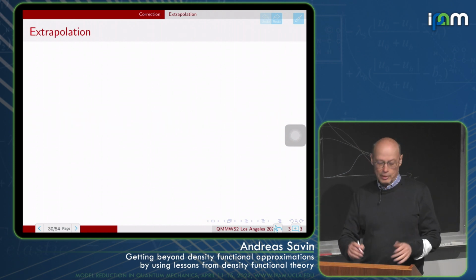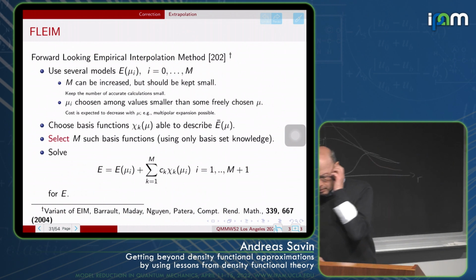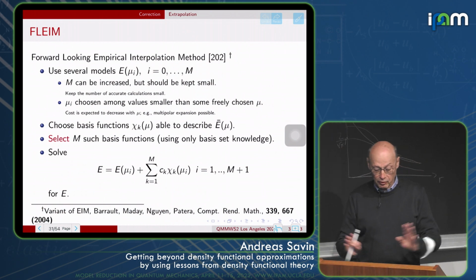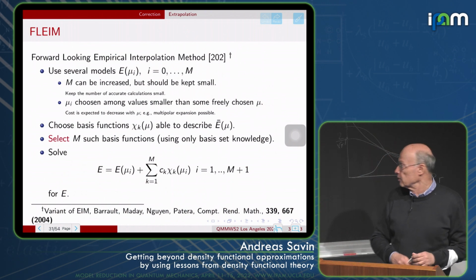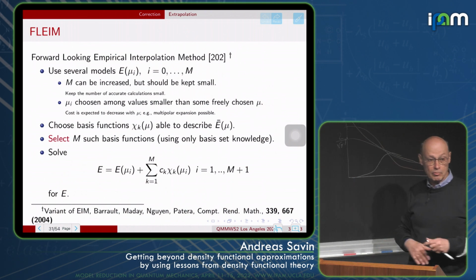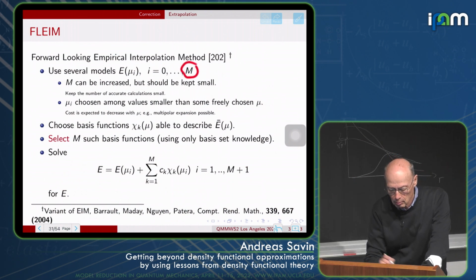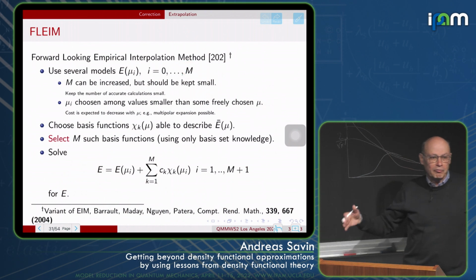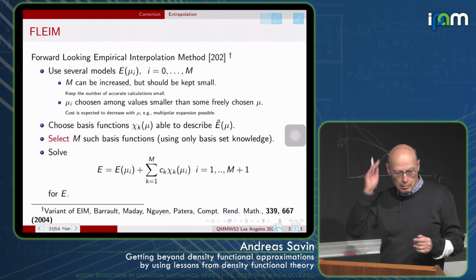Now I come to extrapolation, and I explain what this extrapolation is. The idea is, now I forget about density functionals, forget about changing the potential. I say, okay, I have several mu's. I have several models, capital M models. I want the number of M's to be small, but it can be increased.